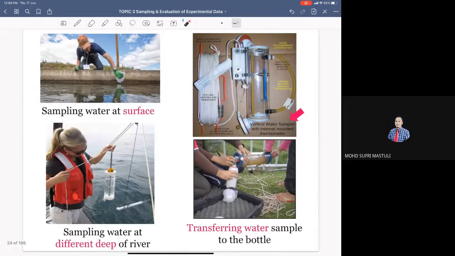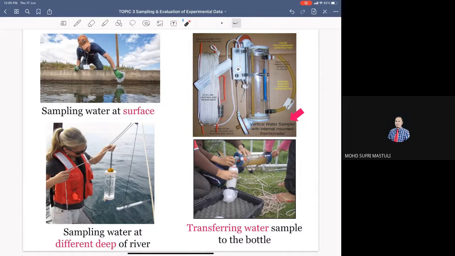All right, this figure shows the researcher doing liquid sampling, a water sample. The first picture on the top left shows sampling water at the surface. He just uses a plastic bottle to collect the water sample. In this picture, the lady is using special equipment because she wants to sample the liquid, which is water, at different depths of the river.